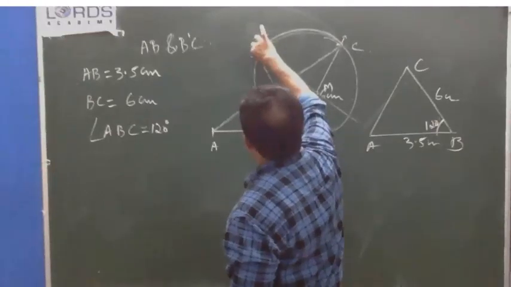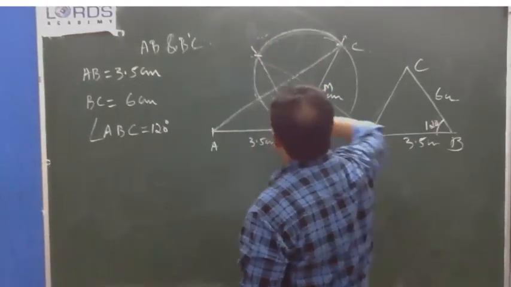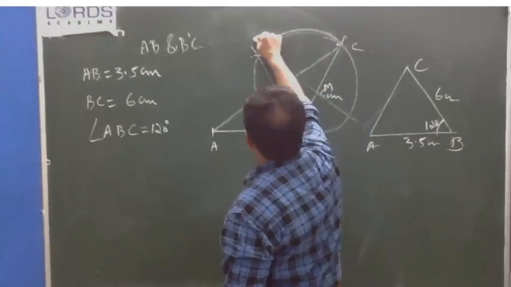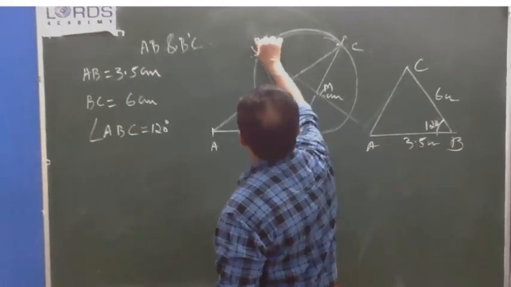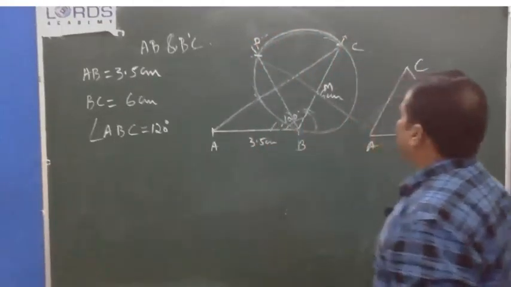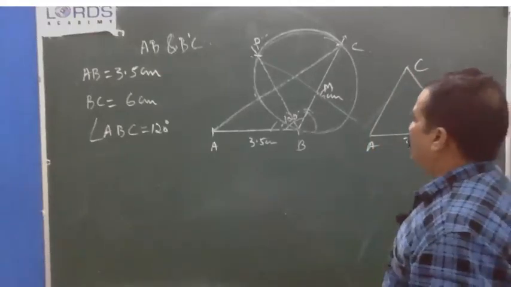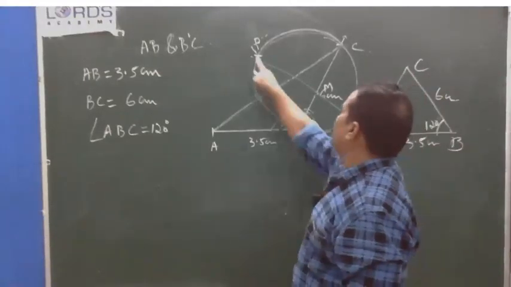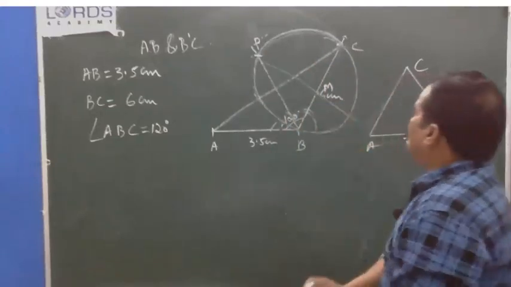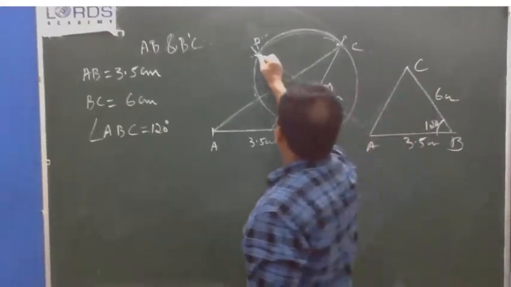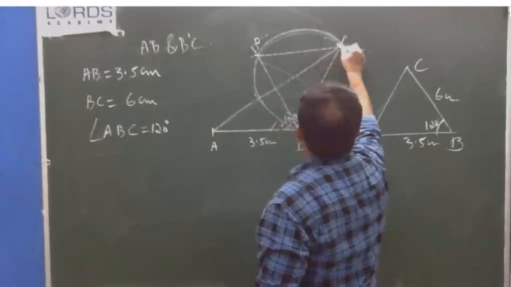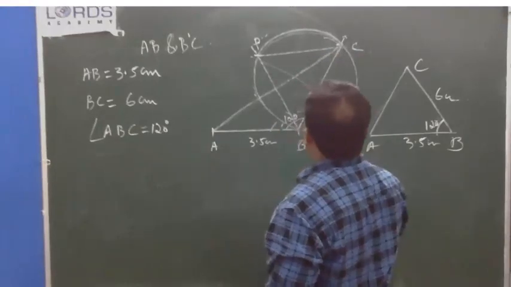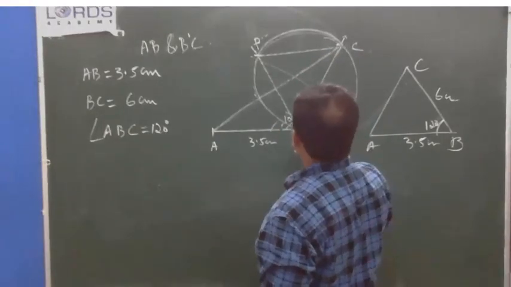That will touch the circle. On the circle, let it be P. Then join PC.